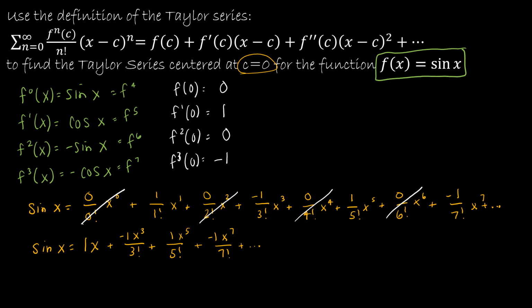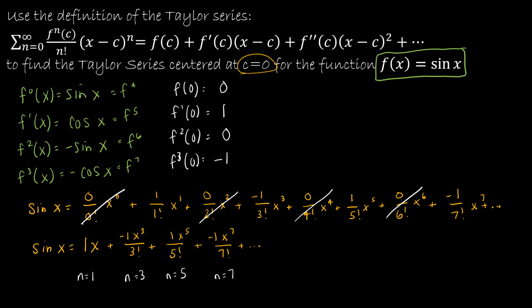So now what I need to think about is the fact that this is when n is 0, this is when n is 1, and this is when n is 3, and this is when n is 5, and this is when n is 7. And so I need the even ones to essentially go away, and I need the odd values. So really what I want to do is rewrite my function.